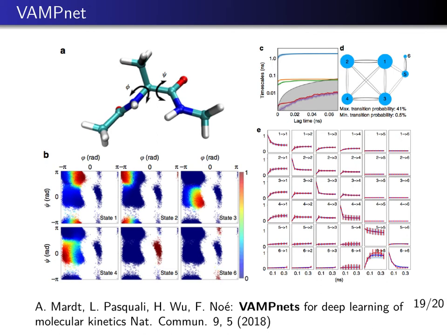And then in panel E, what you see here is basically a test of the Markov state model. So this tests if the model that has been optimized to maximize this VAMP score, so to maximize these time correlations in the latent space, if this actually also achieves to minimize the propagation error.